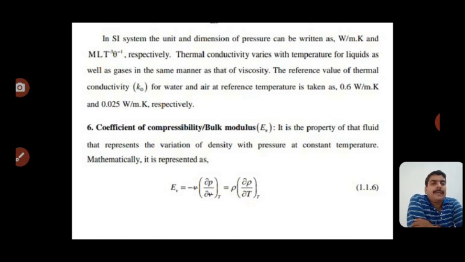It is the property of a fluid that represents the variation of density with pressure at constant temperature. Mathematically, E_V is equal to minus v del P upon del v at constant temperature, which is equal to rho del P upon del rho at constant temperature.